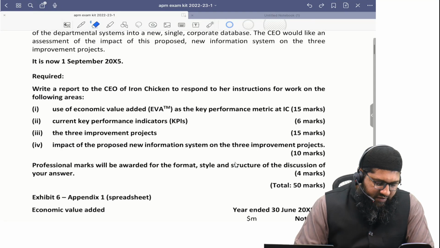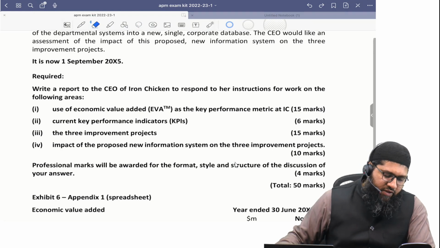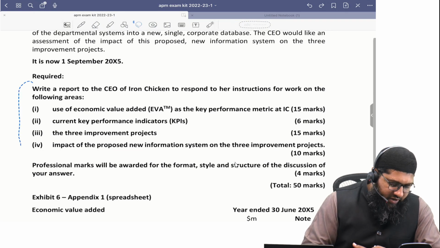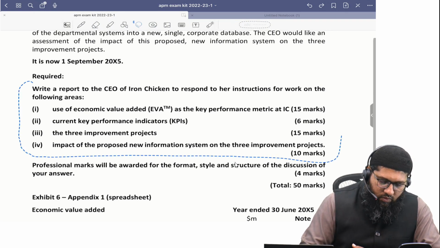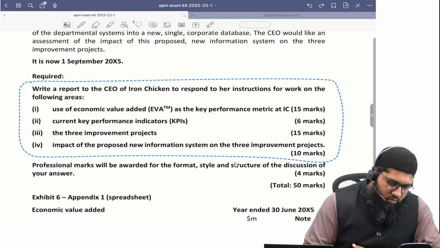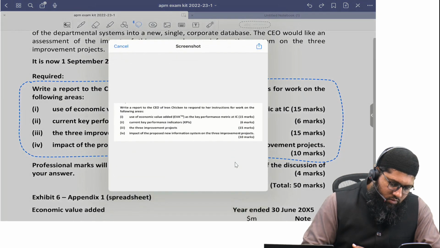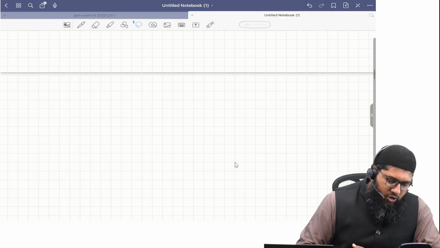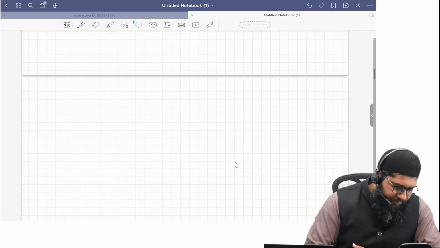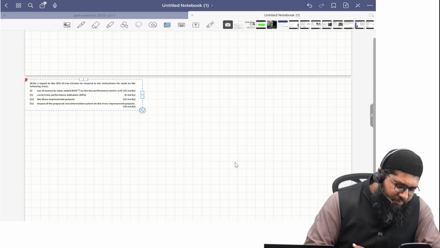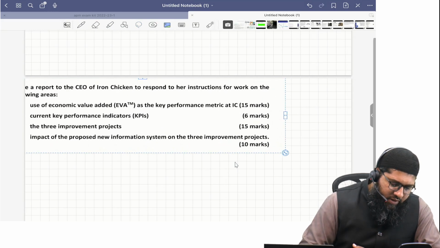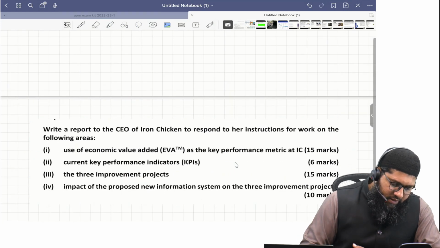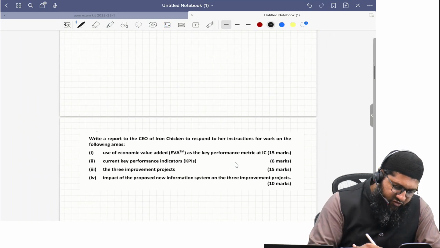Let's have a bit of a discussion about what this question is all about. The question is named Iron Chicken Company. I've just pasted the requirements of the question in here so that we know what to do with respect to that.